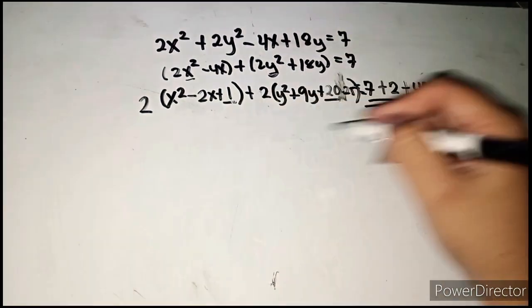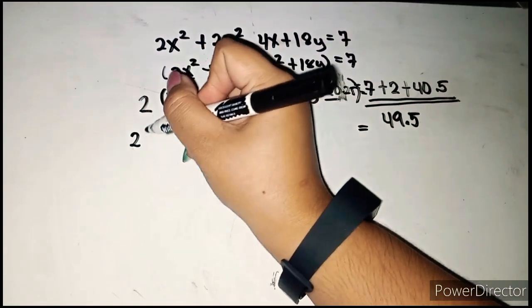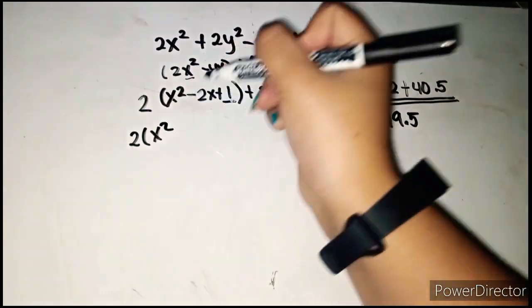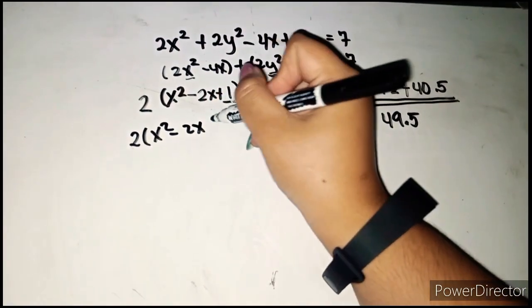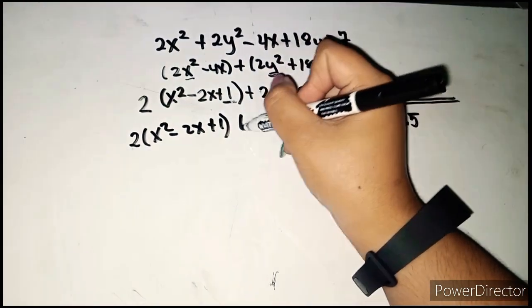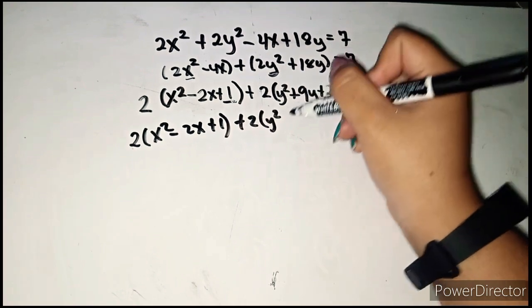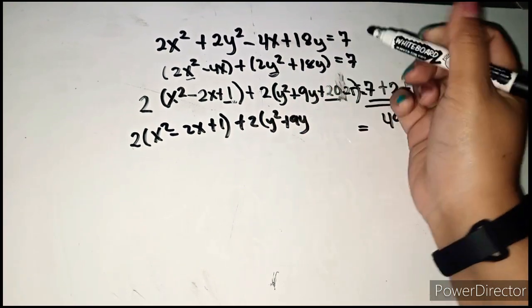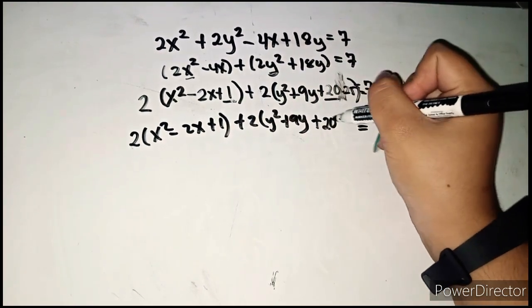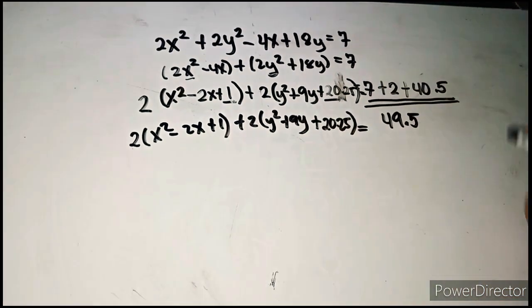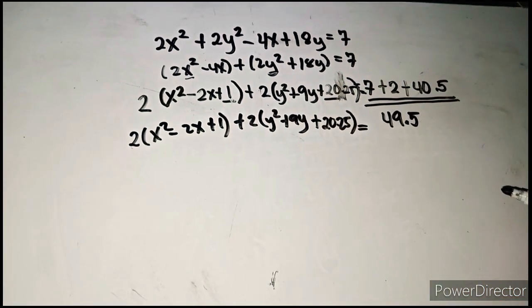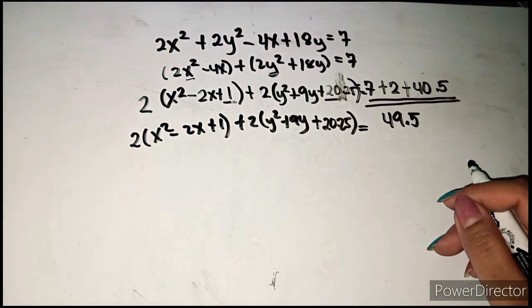And then, let's rewrite naman ito. So, we have 2x squared minus 2x plus 1 plus 2 times the quantity of y squared plus 9y plus 20.25. Okay. Ano kaya sa tingin niyo yung susunod?